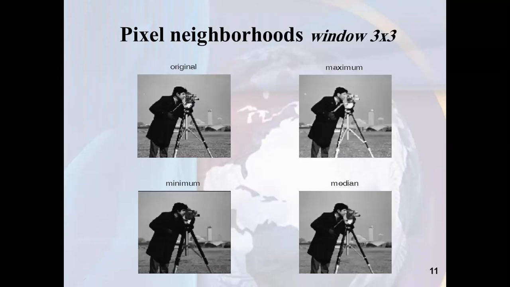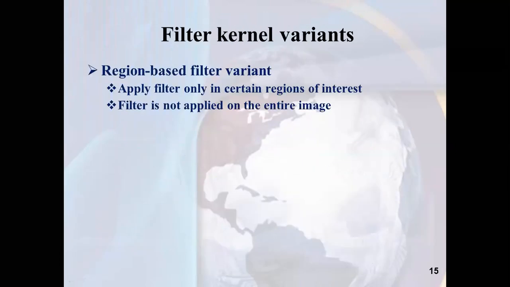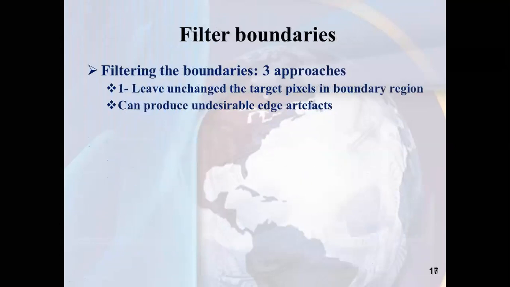So in these places I may apply a small filter size, for example 3 by 3 or 4 by 4, and so on. This is what we call the adaptive filter. It concerns changing the size of the filter in different parts of the image according to the details in the image and the specification of each image.